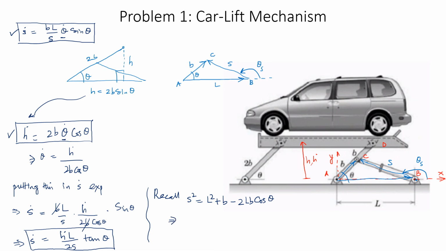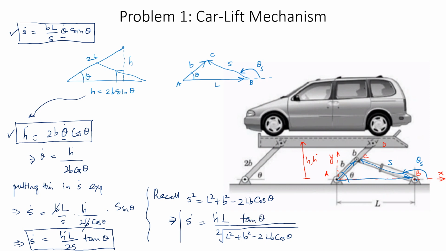This would mean that s dot is going to be equal to h dot l over 2 into the square root of this whole expression like this, like you have l squared plus, this was b squared, I suppose, b squared minus 2lb cos of theta. So this is going to be one part, and since you have tan of theta as well, that is going to be written over here.